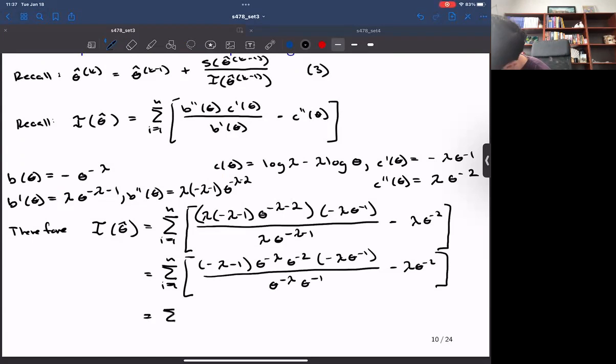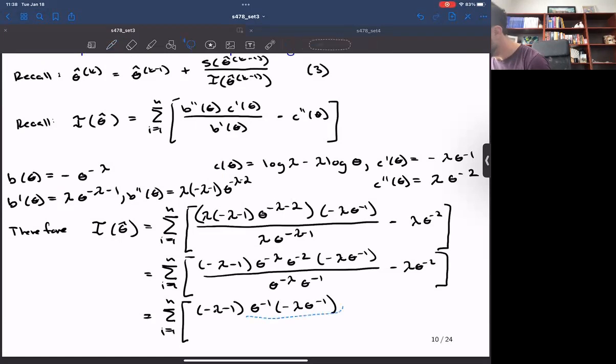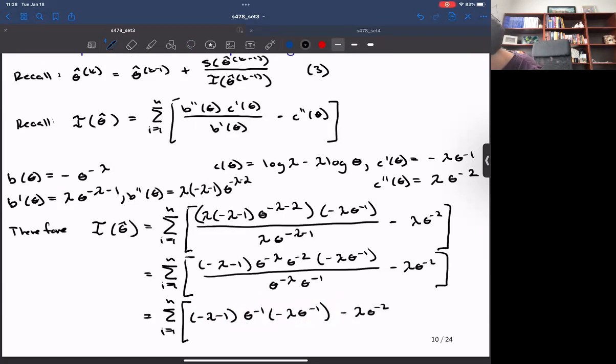So, sum i equals 1 to n, we're going to have negative lambda minus 1, so negative 2 plus 1. That's going to be theta to the 1, negative lambda theta to the negative 1, minus lambda theta to the negative 2.